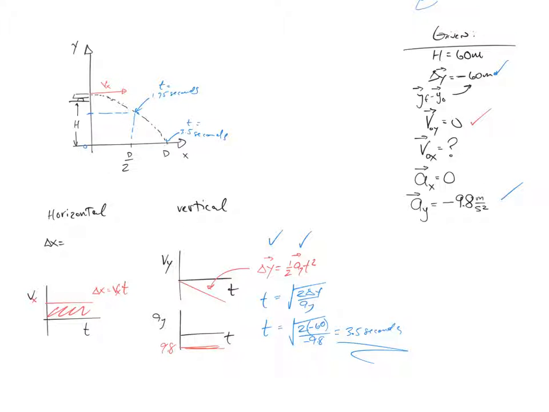Alright, so now I'm going to do the same thing all over again. I'm going to use the same mathematical model and write 1/2 AY t squared. And I'm going to use this time so that I can find the displacement. The displacement is going to be 1/2 times negative 9.8 meters per second squared times 1.75 seconds, multiplied again by 1.75 seconds.